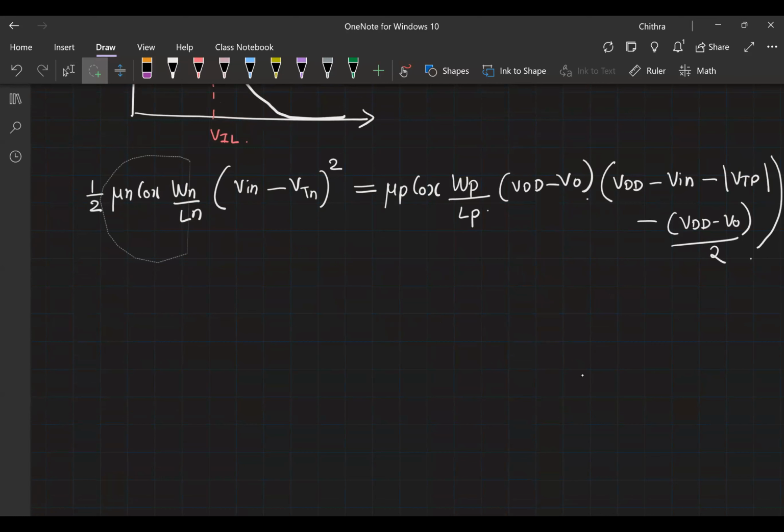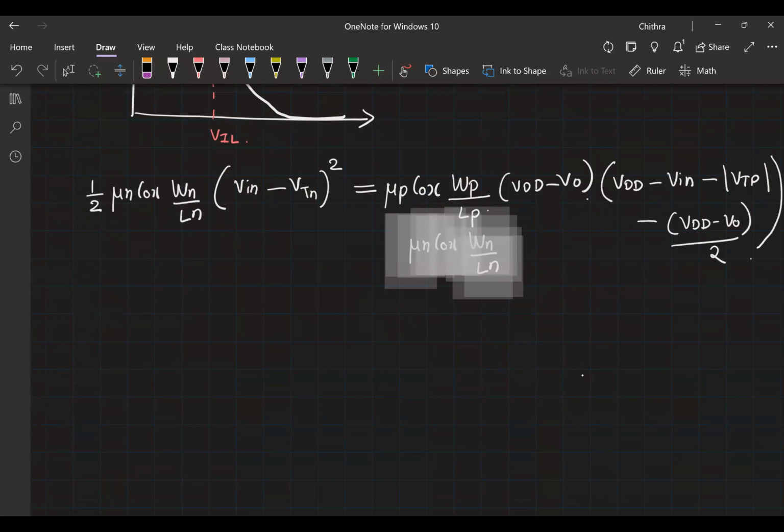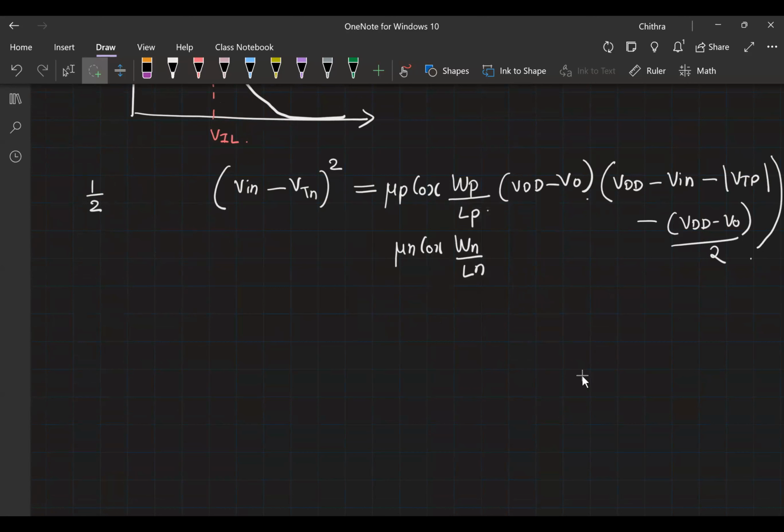So I take this portion this side. And as usual, we call this as R.